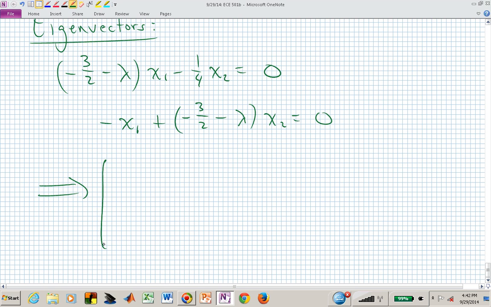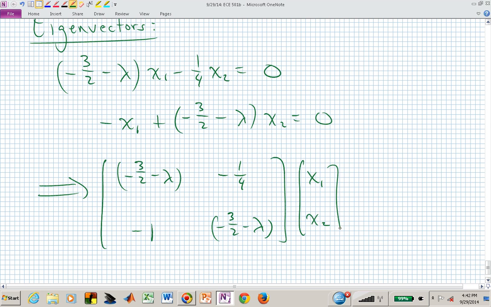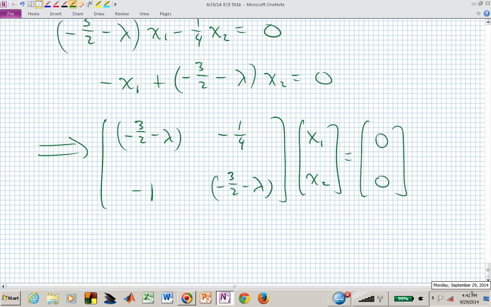If you like to think in terms of matrices, we have minus 3/2 minus lambda, minus 1/4, minus 1, minus 3/2 minus lambda, times the vector x, which is x sub 1, x sub 2, equaling 0.